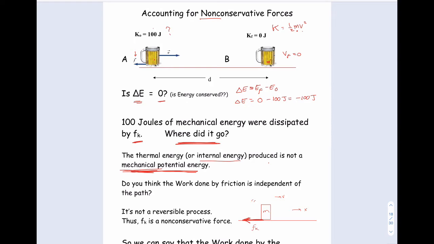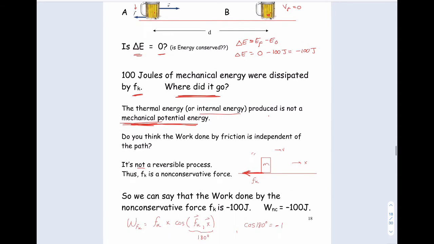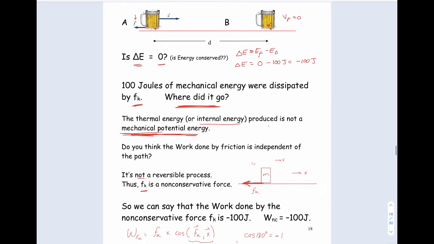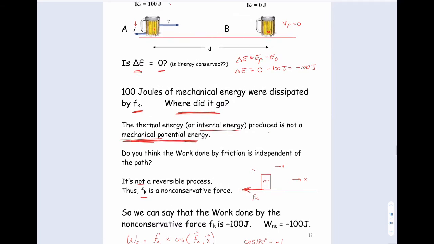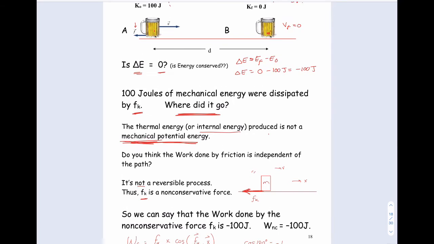I can't take the same cup, put it in the oven, heat it up, and then put it on the table and expect that cup to now move back off to the left. So that's not a reversible process. The kinetic friction force is a non-conservative force. There's no stored energy associated with the kinetic friction force, so that energy is lost in the form of heat.